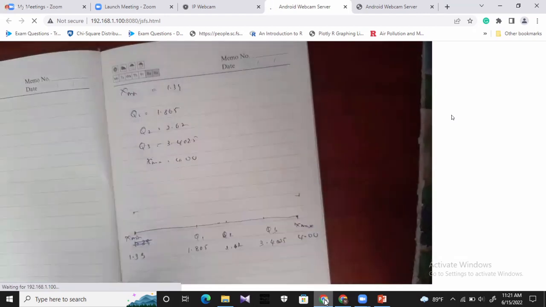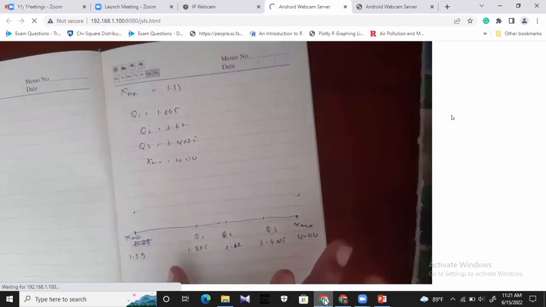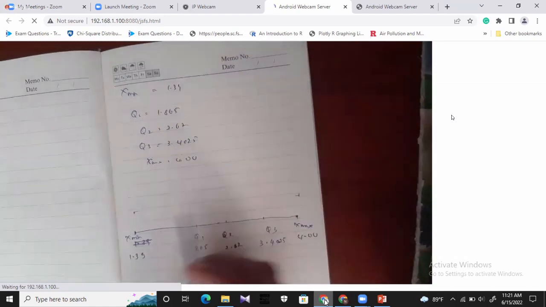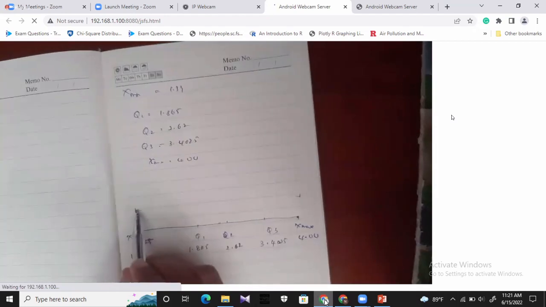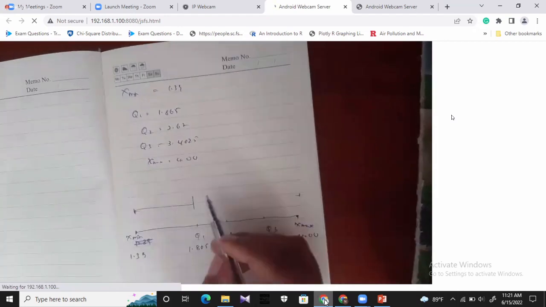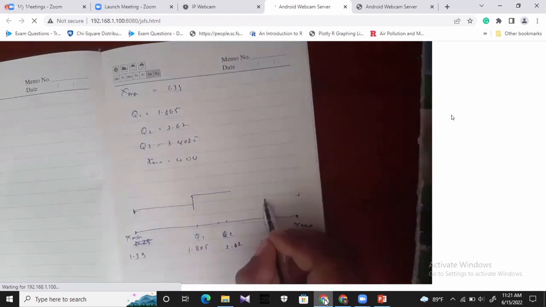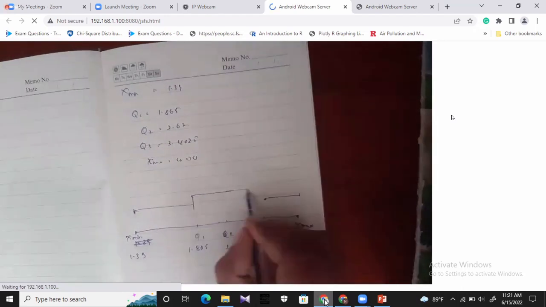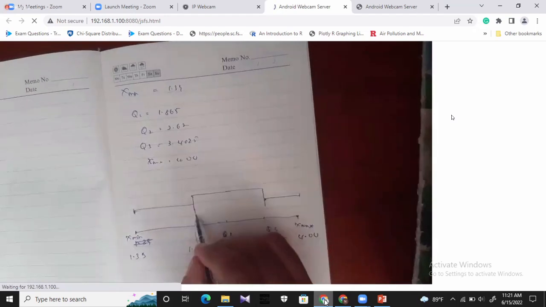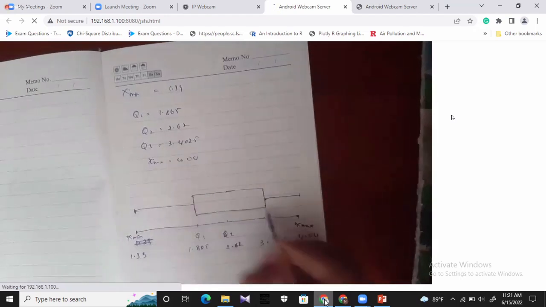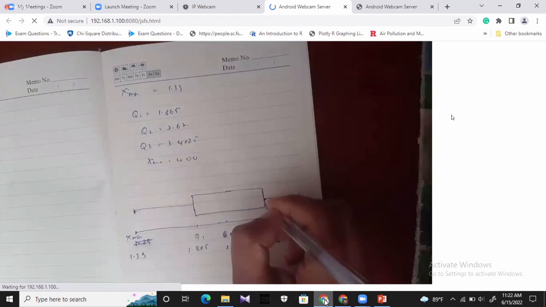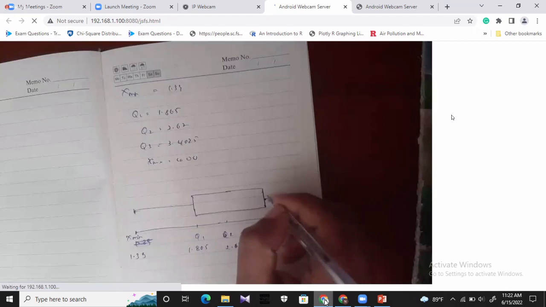Now we are going to draw the box plot for this data set. Here, I told you the height of the box is immaterial. You can take any value for the height of this box.